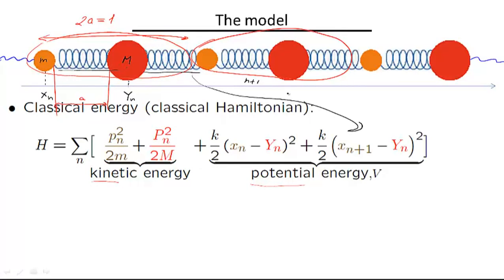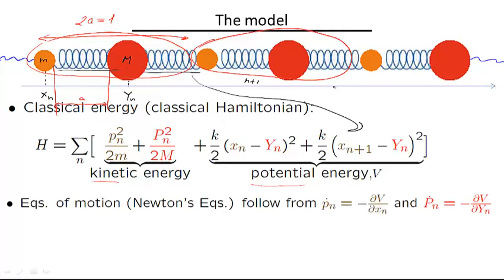Now the next step in solving this problem is to write down the equations of motion for all the particles involved, and there's an infinite number of such particles. In our case, these equations of motion are nothing but Newton's equations associated with each of these particles.